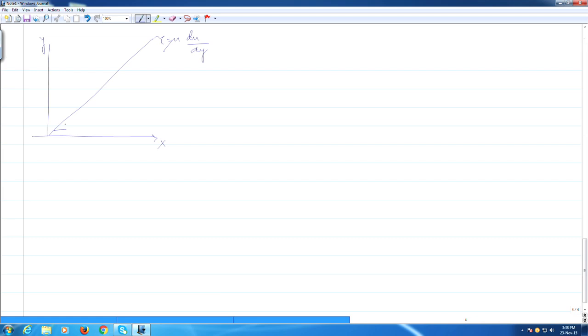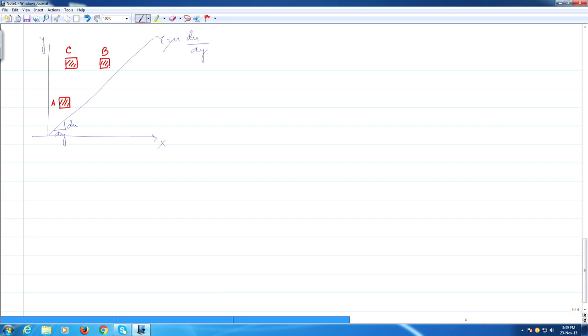Now let us consider a fluid element here, and this fluid element is A. I'm going to consider two more fluid elements here, and this is B and this is C.